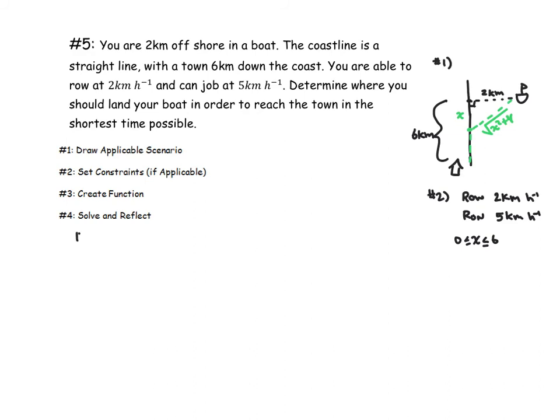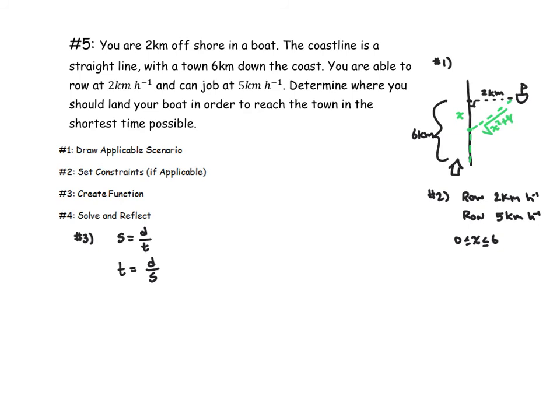So we know that x is going to be a value somewhere in there. Let's create a function for time. Well, I know that speed equals distance over time. So what is time? I want a time function here. Time would be distance over speed.